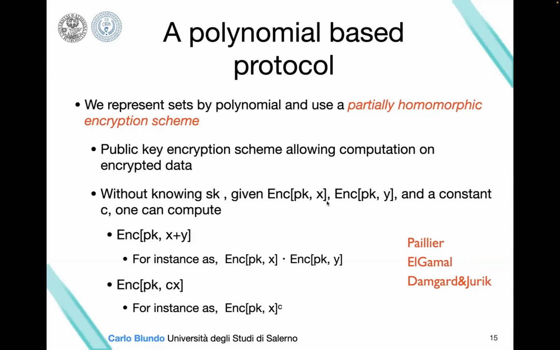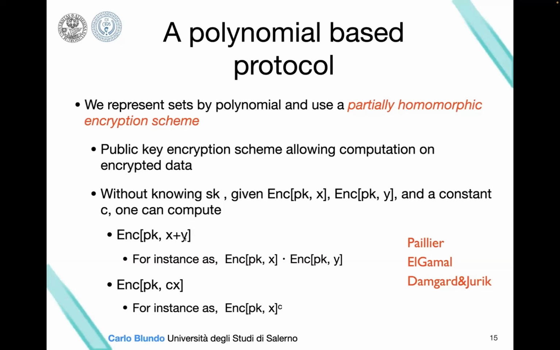Suppose that we have two encryptions of X and Y. PK is the public key, and we have a constant C. We can compute some function of X and Y without knowing the secret key.